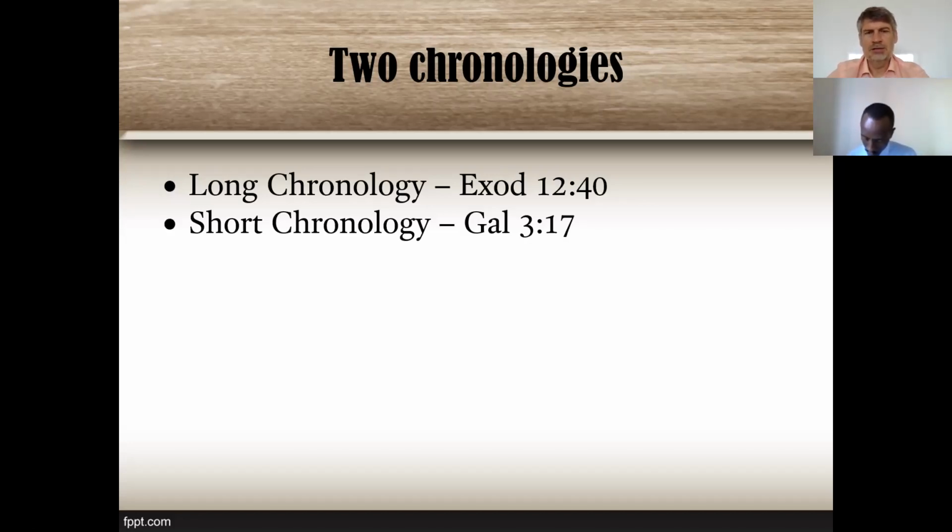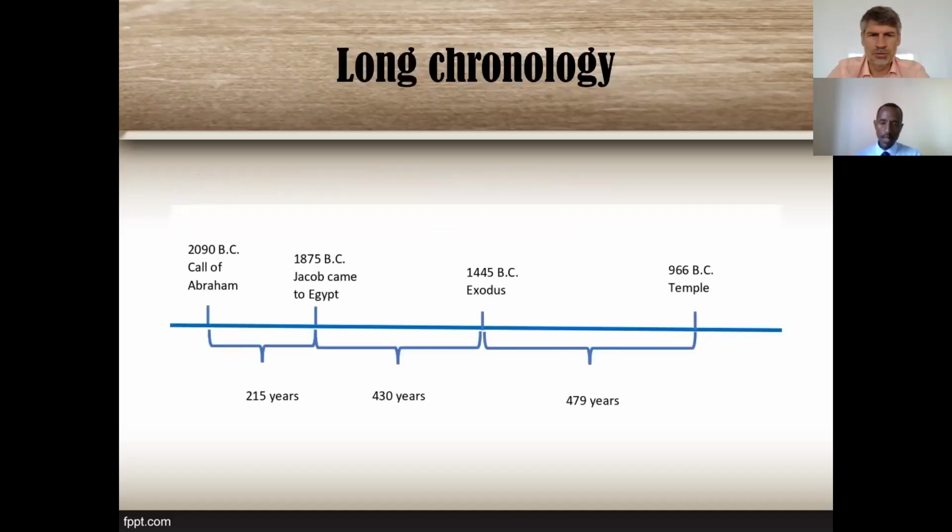So in this case, it looks like the people of Israel spent less time in Egypt than 430 years. So usually scholars speak about two chronologies, long chronology and short chronology. And according to the long chronology, it is 215 years longer than the short chronology.